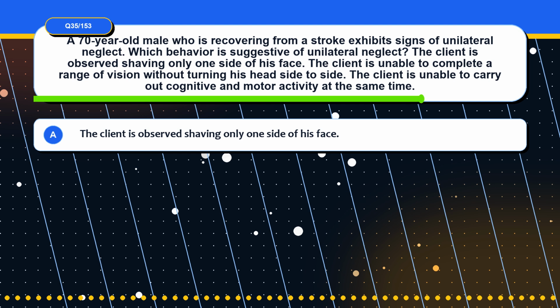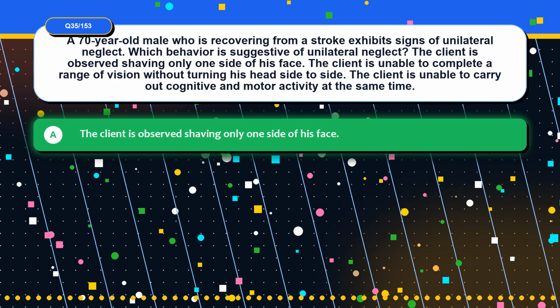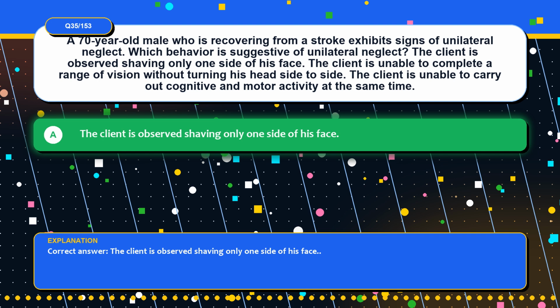Here are the options. Option A. The client is observed shaving only one side of his face. The correct answer is option A.